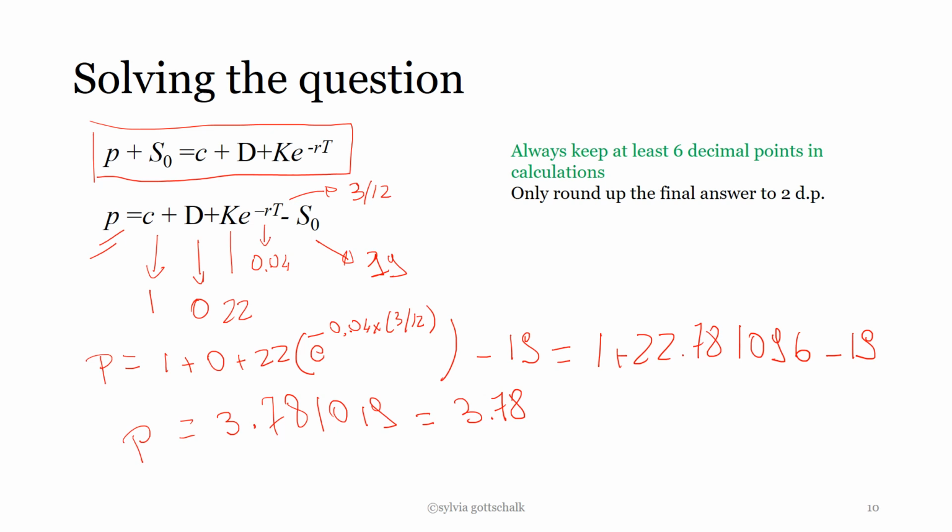You have 9 after, so you have to keep the 0, 9, 6. The only situation where you would cut is if you have, for example, 22.781 and then 0, 0, 0, 0, then the only relevant number is this one. The rest doesn't count. But as long as you have decimal numbers that are different from 0, you have to keep at least 6 of them. Otherwise you will have mistakes in your final numbers.